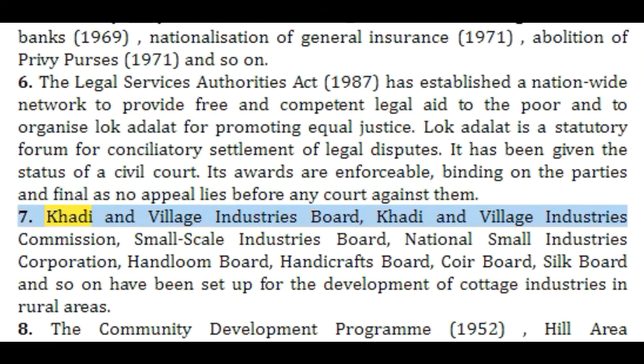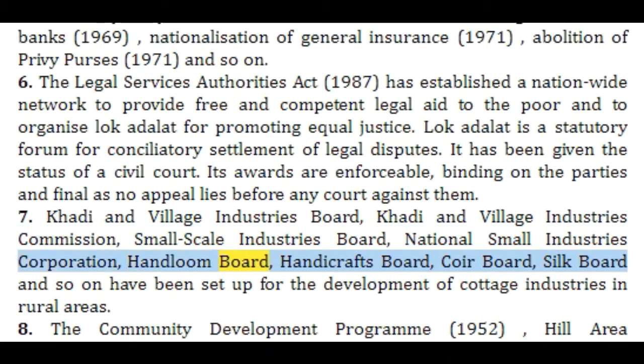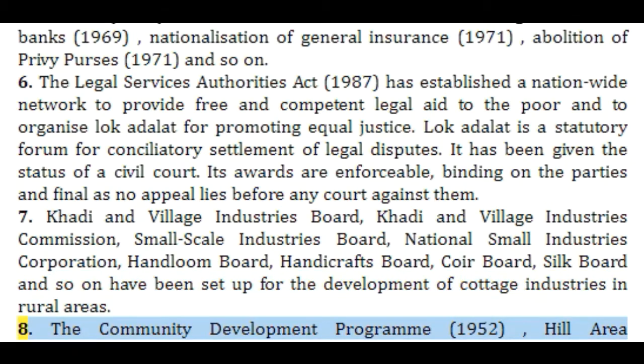7. Khadi and Village Industries Board, Khadi and Village Industries Commission, Small Scale Industries Board, National Small Industries Corporation, Handloom Board, Handicrafts Board, Coir Board, Silk Board, and so on have been set up for the development of cottage industries in rural areas. 8.